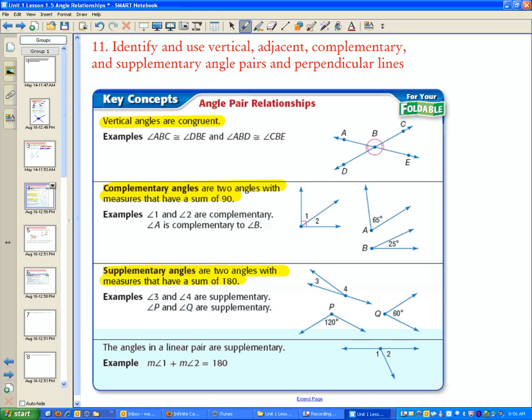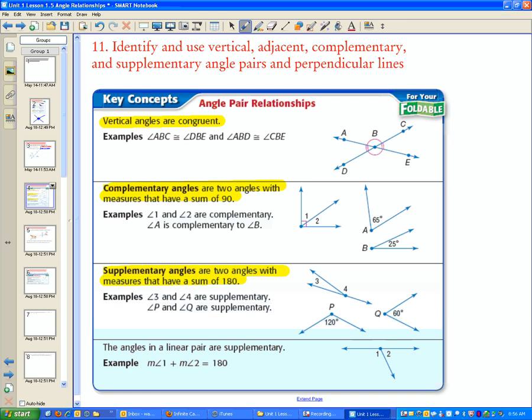Okay? So if you have three angles, 60, 60, and 60, they do add up to 180, but we do not call them supplementary. So, complementary angles, two angles with measures with a sum of 90. Supplementary angles, two angles with measures that have a sum of 180.